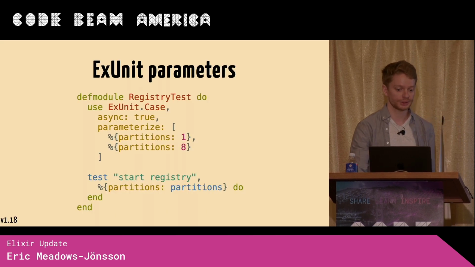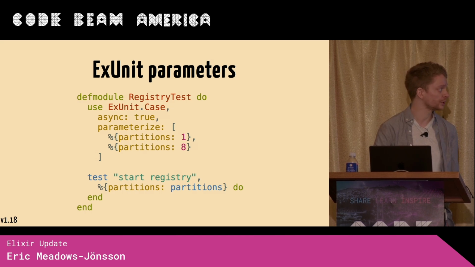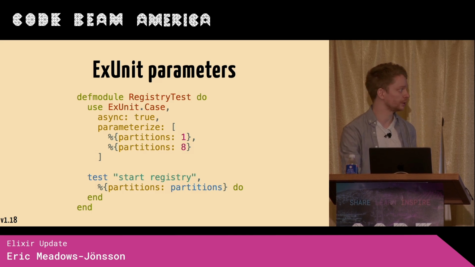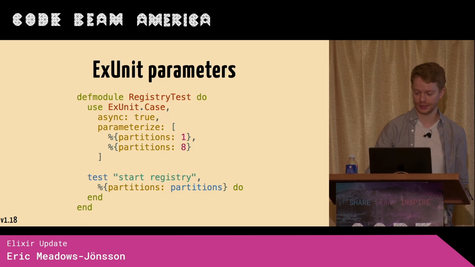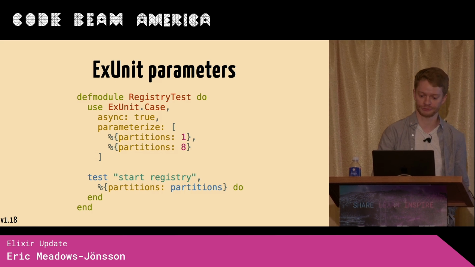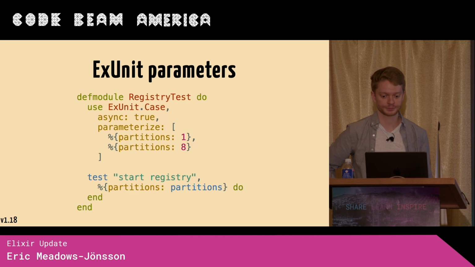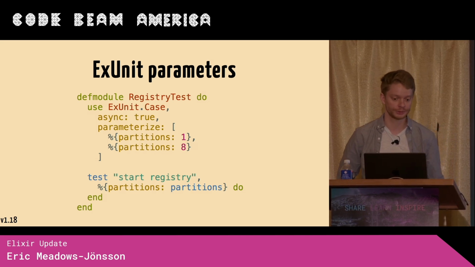So in ExUnit, we got the new parameterize option that you can see an example of here. With it, the tests in a module can be run multiple times with different parameters. And just to explain a little bit how this works, we can look at an example from the core of the language itself, where we have the Registry module, which is a scalable key value store.